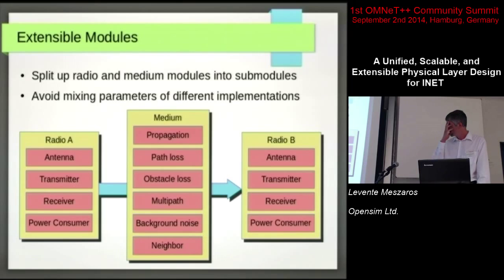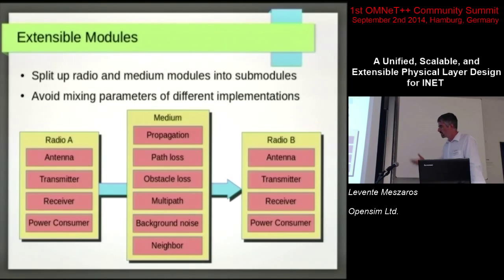And then the medium is also split up into a propagation model that is responsible for computing signal propagation through space over time. And there's this path loss model, which is responsible for the power reduction as the signal propagates through space. And the obstacle loss model is responsible for the power loss as the signal propagates through the physical environment. And the multipath model, which is responsible for computing multiple paths, either stochastically or other ways.